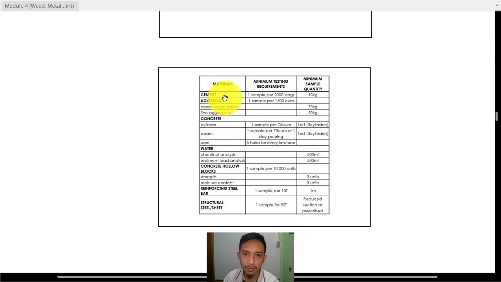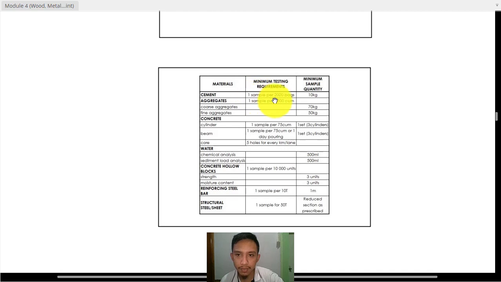If we are talking about cement, the minimum testing requirement is per 2,000 bags. If you are going to use 2,000 bags in construction, there should be one sample allotted for testing. Let's say you have 5,000 bags, you might need 3 samples to represent the batch, since it is per 2,000, or even if less than 2,000, that should be represented by one sample.